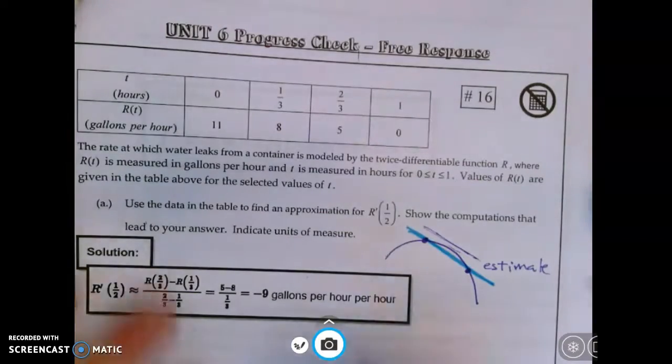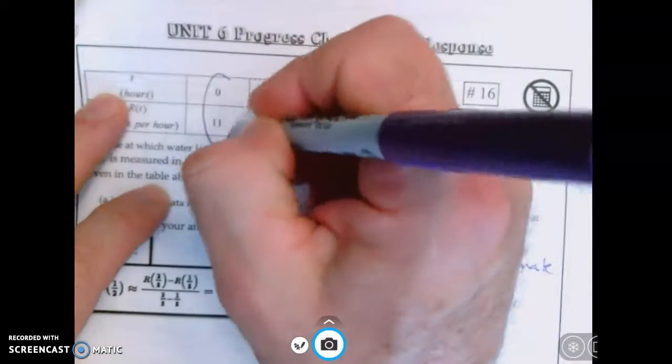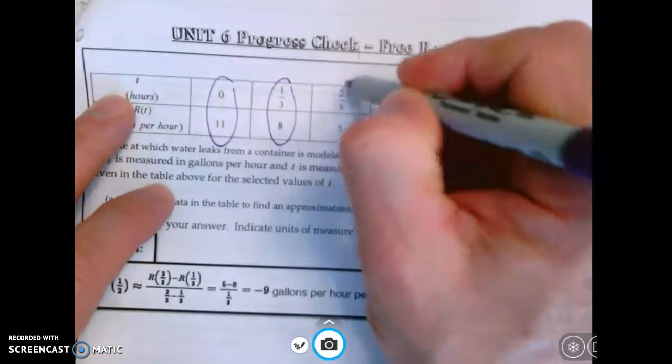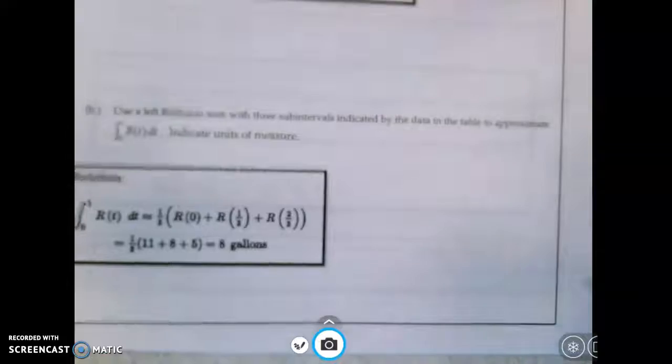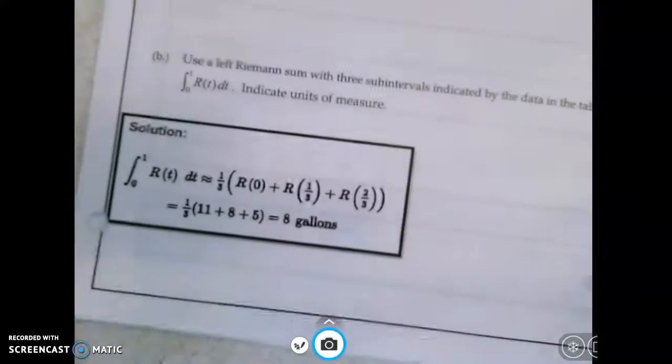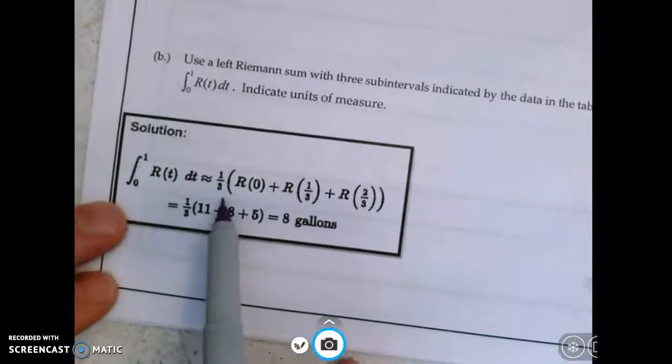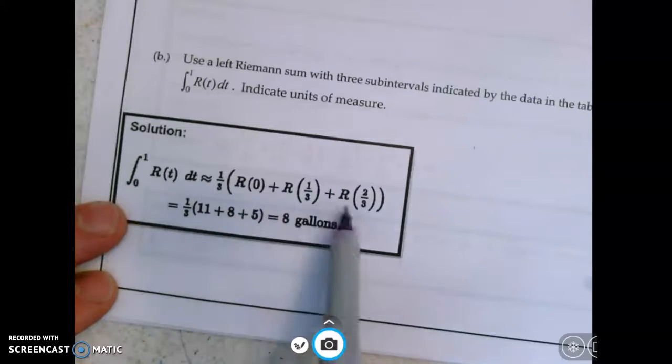So the left-hand Riemann sum would be, I'm using the left-hand values, and I won't be using this value. I also understand that my delta x, in this case my delta t, is 1/3 every time. So I can represent this two ways.